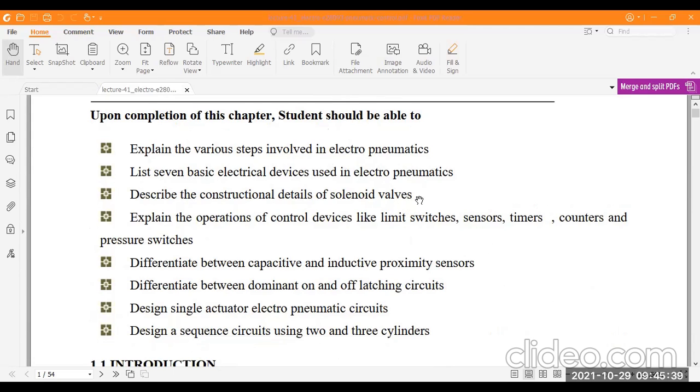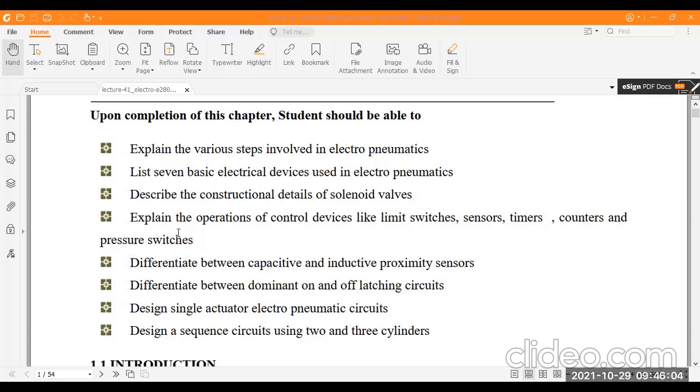In this pneumatic controller part, we have to discuss different types of valves, and also explain the different operation control devices that we attach to it. This is the limit switch. We have to use different types of sensors, timer circuits, counters, and pressure switches.